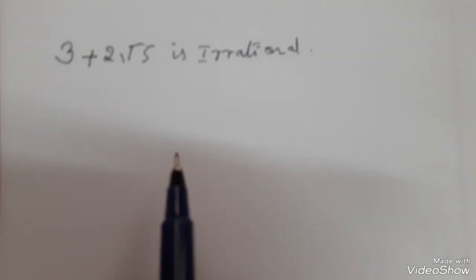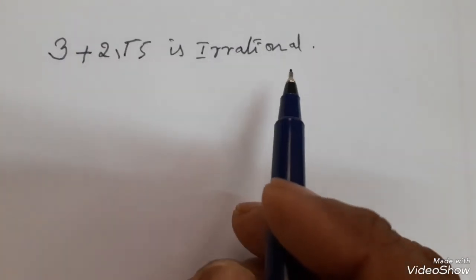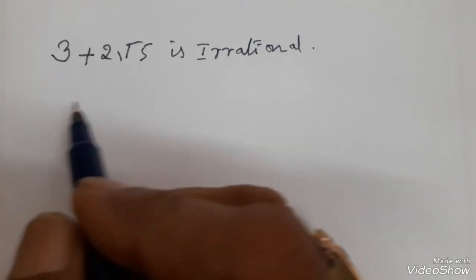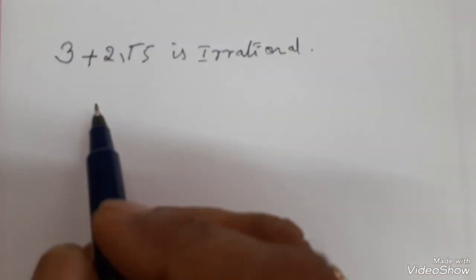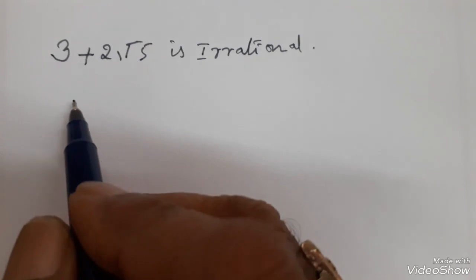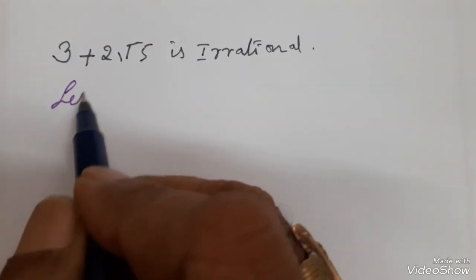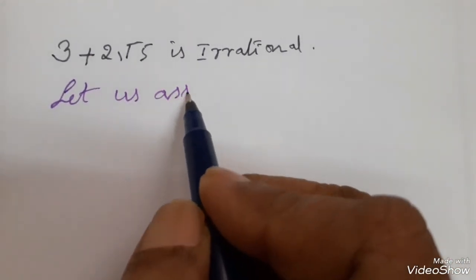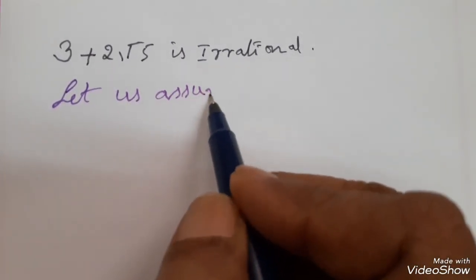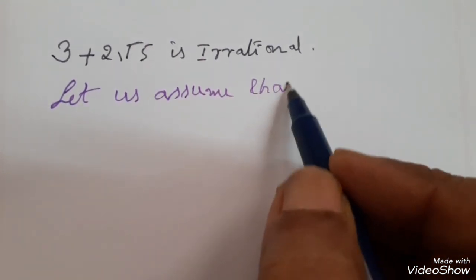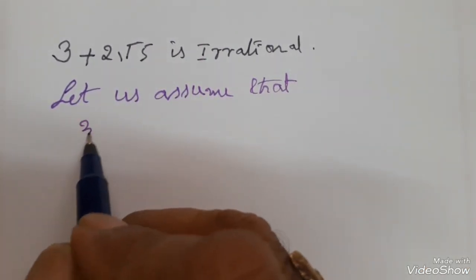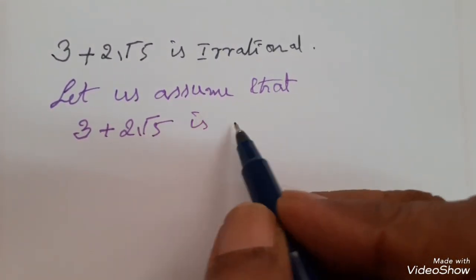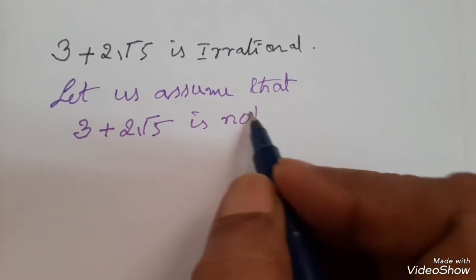Now let us see, 3 plus 2 root 5 is irrational. So here also, with the help of contradiction, we can prove it. Let us assume that 3 plus 2 root 5 is not irrational.